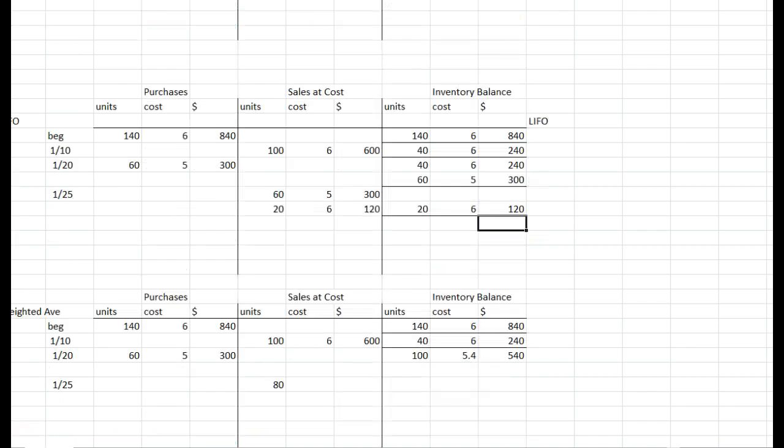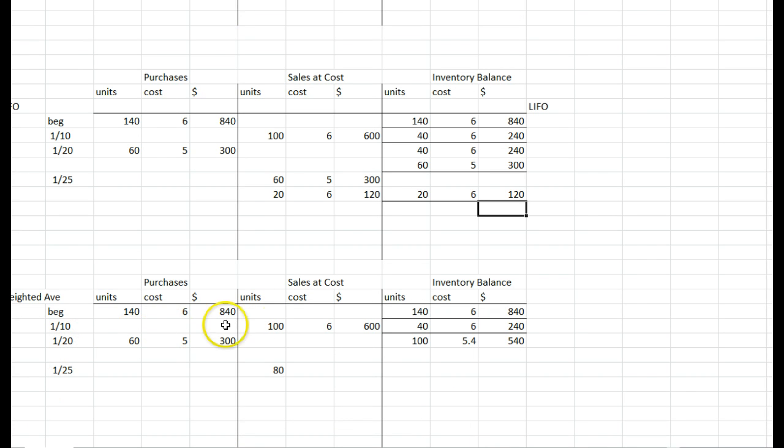Then on the bottom we have our weighted average, and I just kind of want to do this one a little bit over. First two rows look like they're going to be okay. On this third one, it's a little bit different. Let's put weighted average here. On this next purchase on the 20th, what we have to do is add these things together. Before this purchase, we had 40.